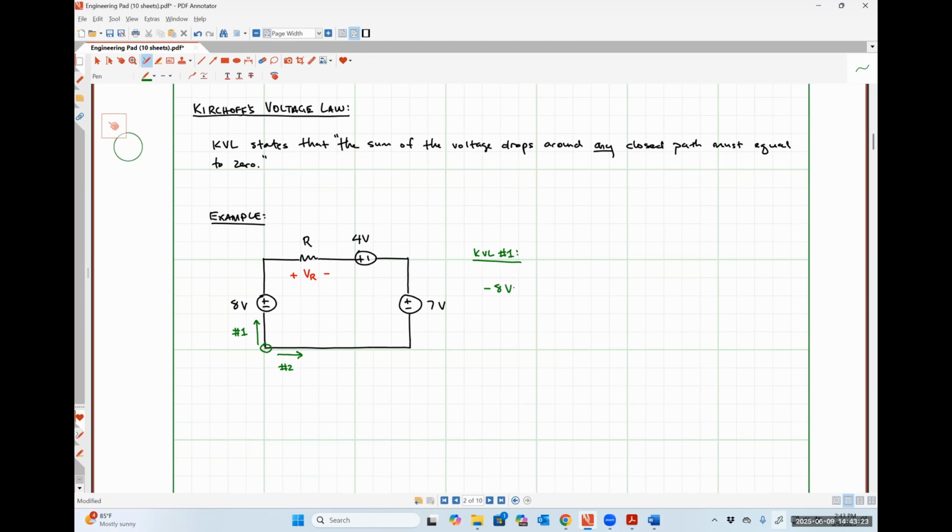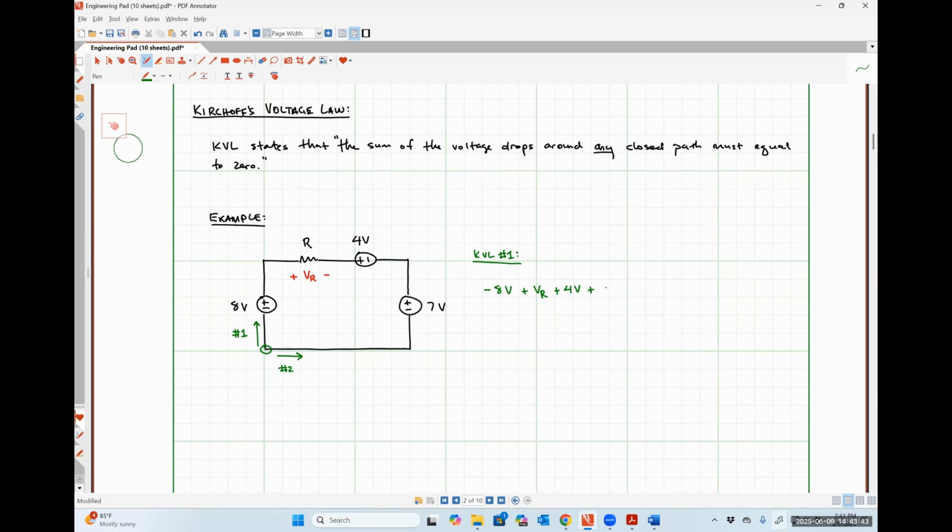Next, I see my resistor, and I see the positive polarity terminal first, so that's going to be plus VR. Then I see my 4-volt source. I see the positive polarity terminal first, so that's going to look like plus 4 volts. Then I see the 7-volt source. Again, I see the positive polarity terminal first, so that's going to look like plus 7 volts.